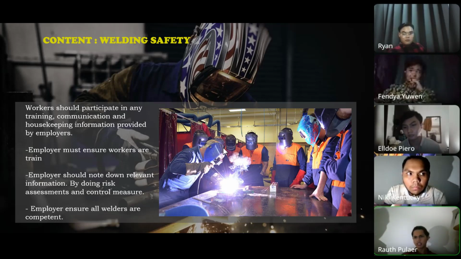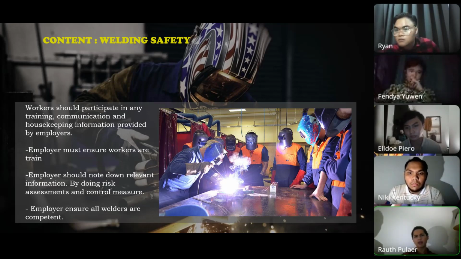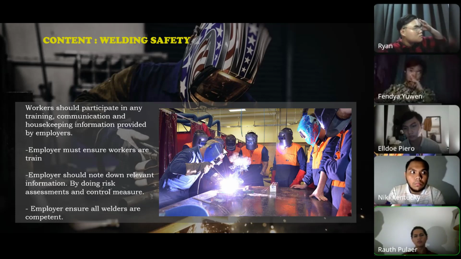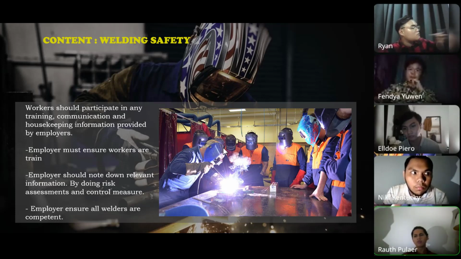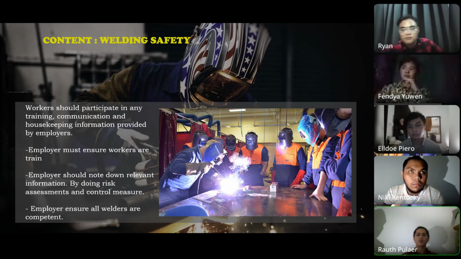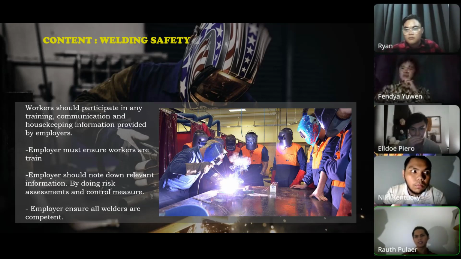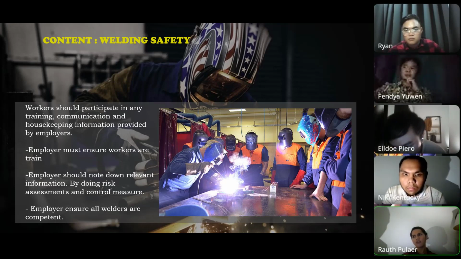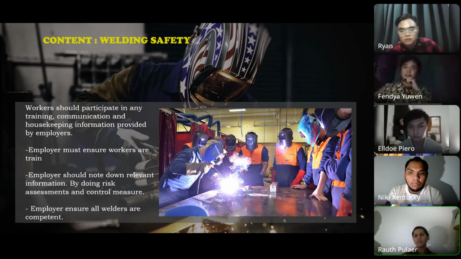As an employer, as the higher-ups of the company, employers should be aware of all the workers. For example, welders should be competent and adequate in doing their jobs, so that it doesn't involve any death or severe injuries. So that is all for my content.